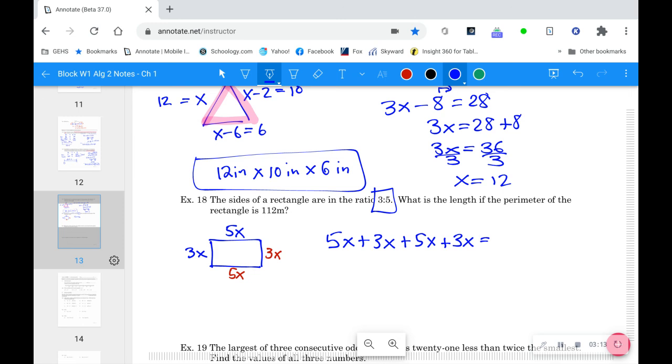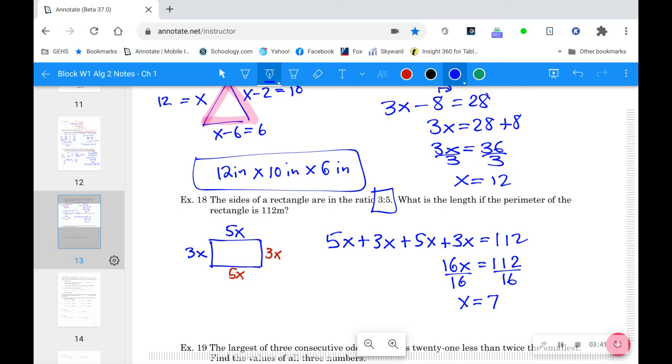And that will equal 112. That's what it tells us. So this is 16x equals 112. And 112 divided by 16 would be the next step. So let me clear off my calculator and I'll try it. Looks like x equals 7.